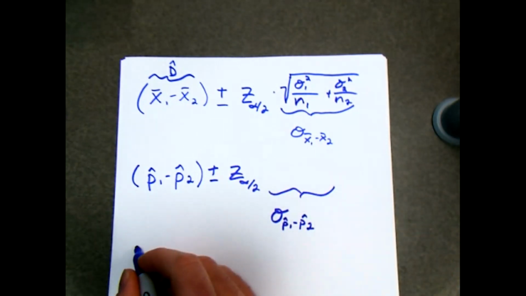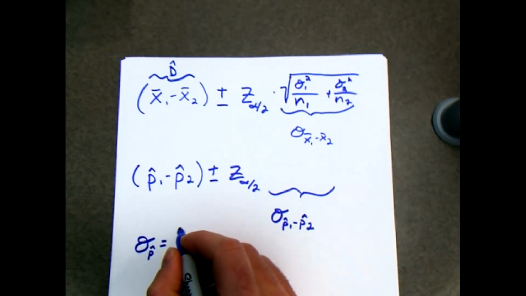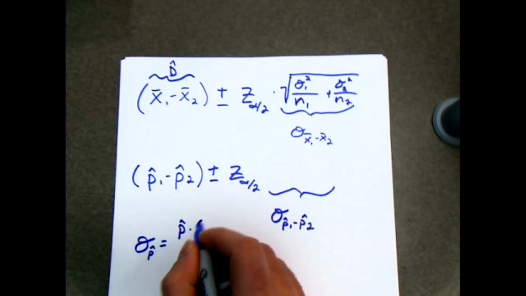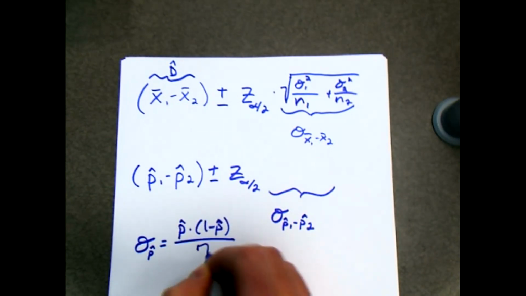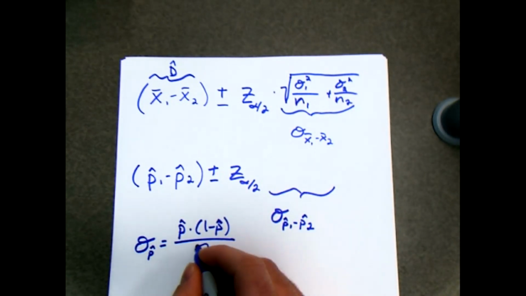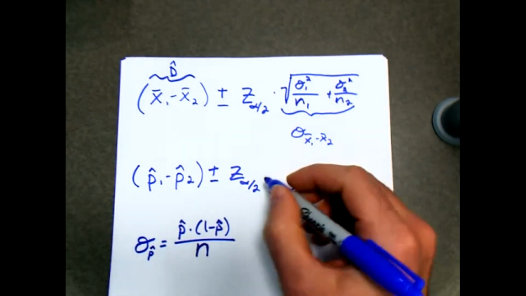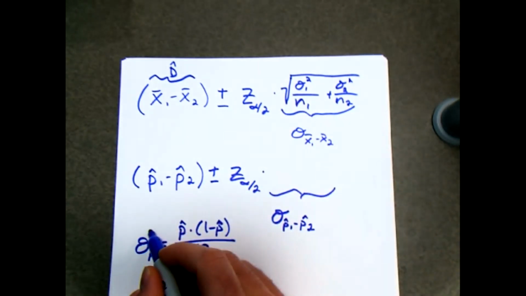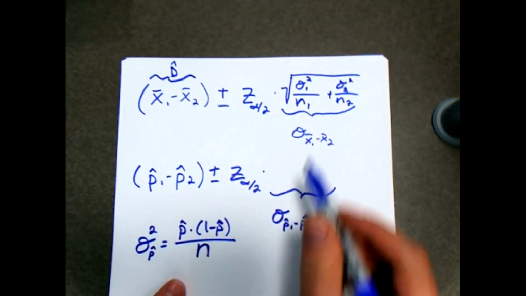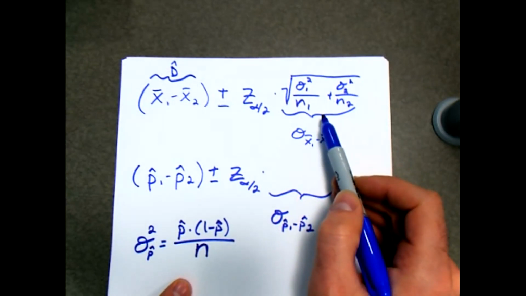Well, if we remember, the standard deviation, if we had a one population example, looked like this. Sample size, sorry, this is n. So basically, it's the same idea, or sorry, this isn't the standard deviation, this is the variance. It's basically the same idea as what we were doing with the sample means.